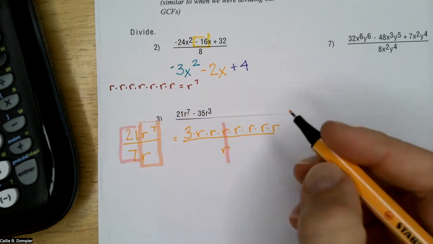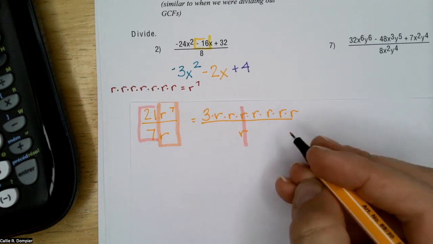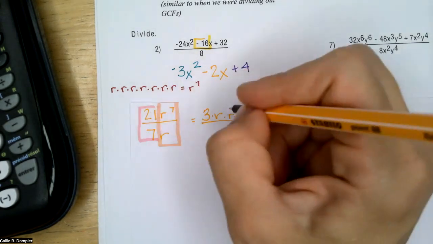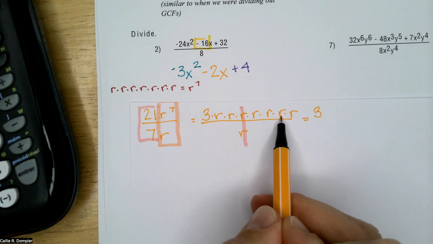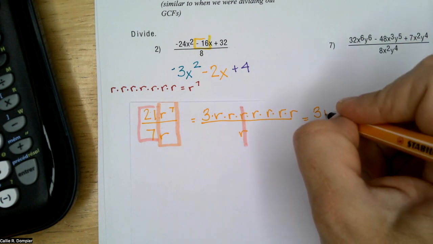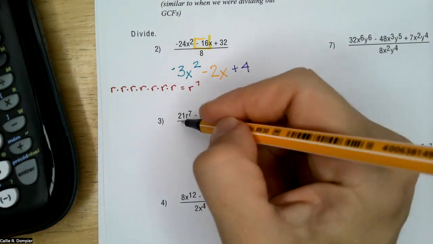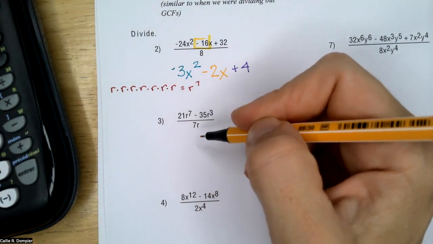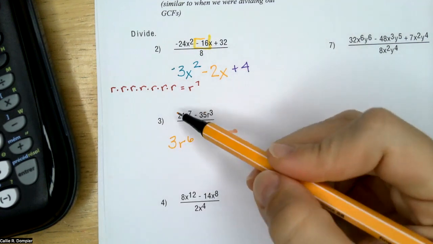What am I left with? I've factored out all of the r's that are common to the numerator and the denominator, and I'm left with 21 divided by 7 is just 3. And then we have 1, 2, 3, 4, 5, 6 r's, or r to the 6th. So 21r to the 7th divided by 7r becomes 3r to the 6th.